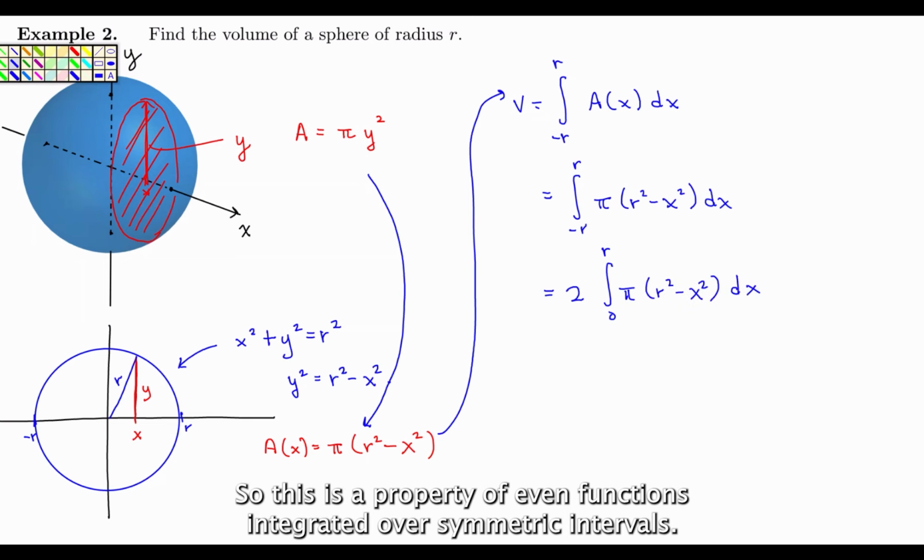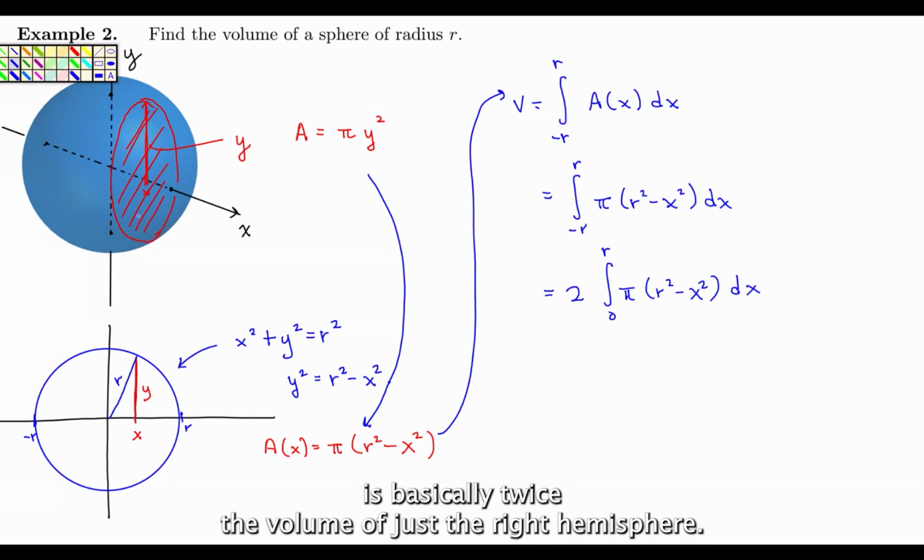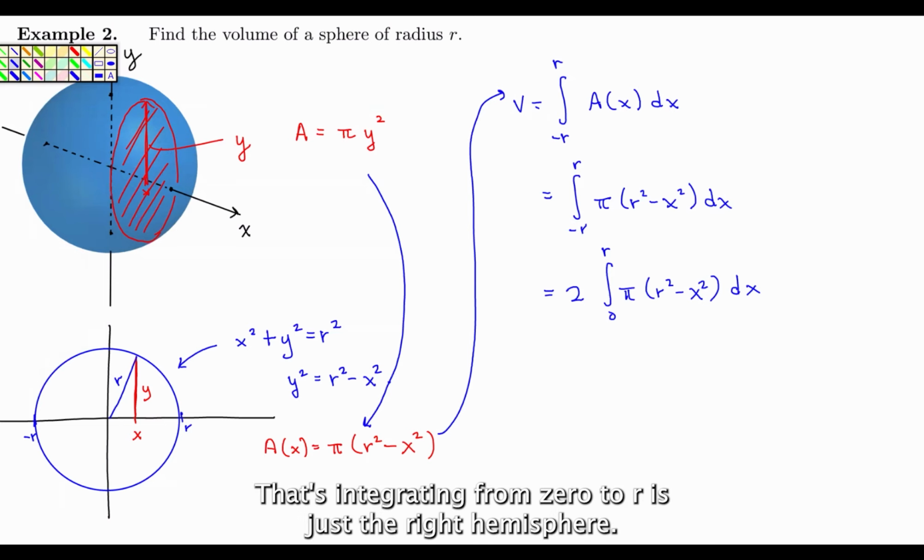So this is a property of even functions integrated over symmetric intervals. But also look at the sphere. The volume of the whole sphere is basically twice the volume of just the right hemisphere. Okay, that's integrating from 0 to r is just the right hemisphere.